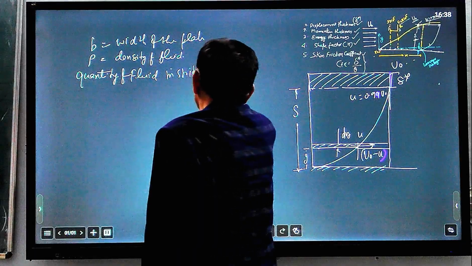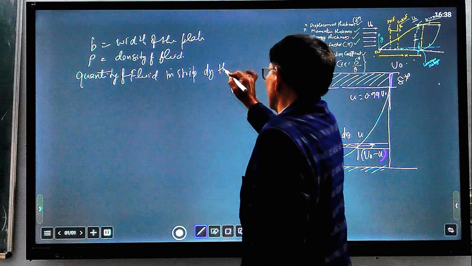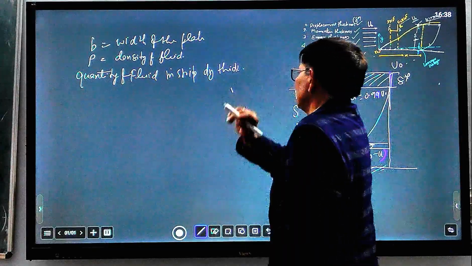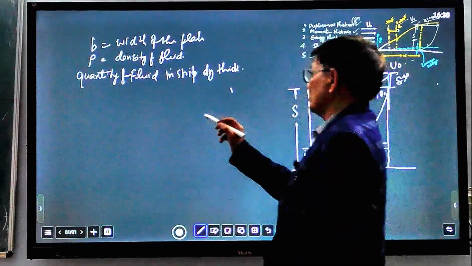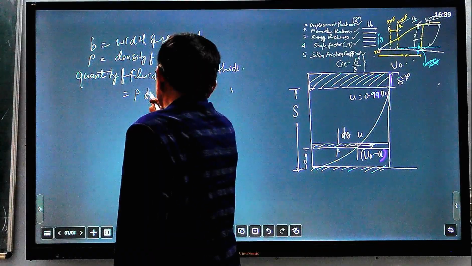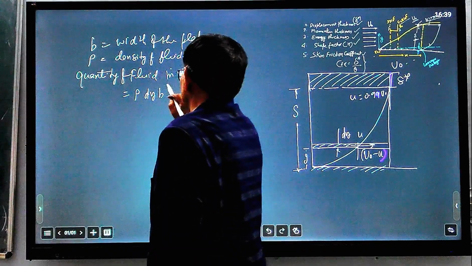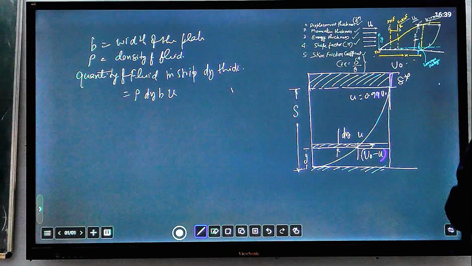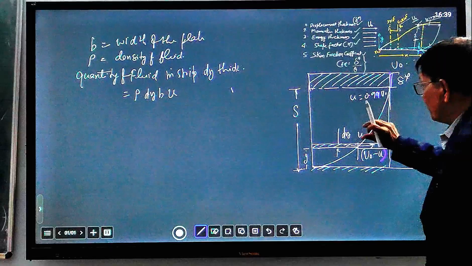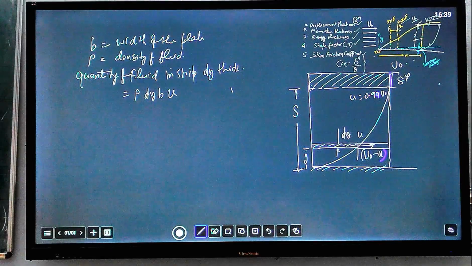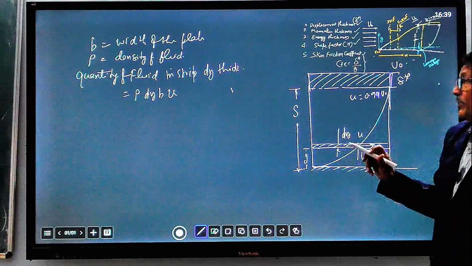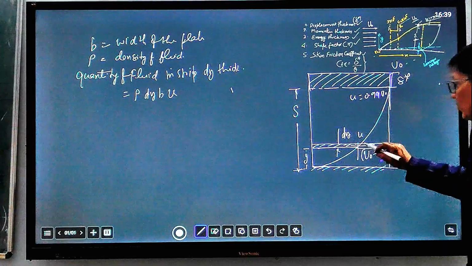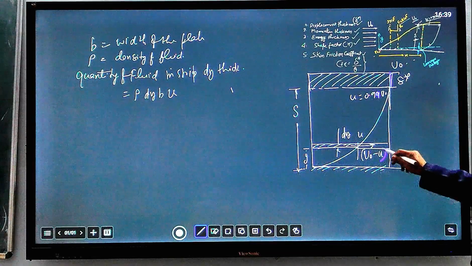How much quantity of fluid is in the strip of dy thickness? That is equal to rho dy b u, where b is width and u is velocity. So that is the amount of fluid in kg, you can say mass. This amount of mass is flowing through this strip, and there is a loss because of this boundary layer.